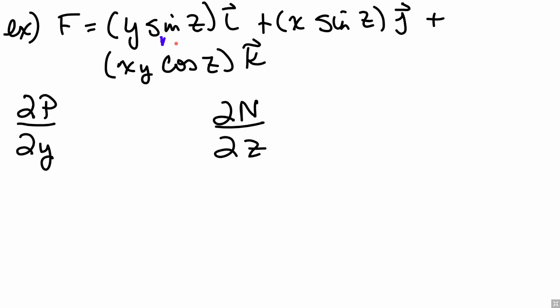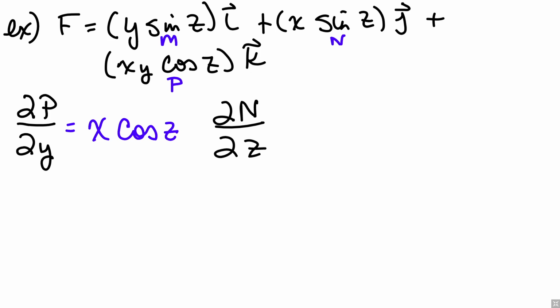So this is going to represent M, this is going to represent N, this represents P. Okay, so if I take the partial of P with respect to y, that means I'm taking the partial of this with respect to y. So if I do that, I'm going to end up with x cosine of z.